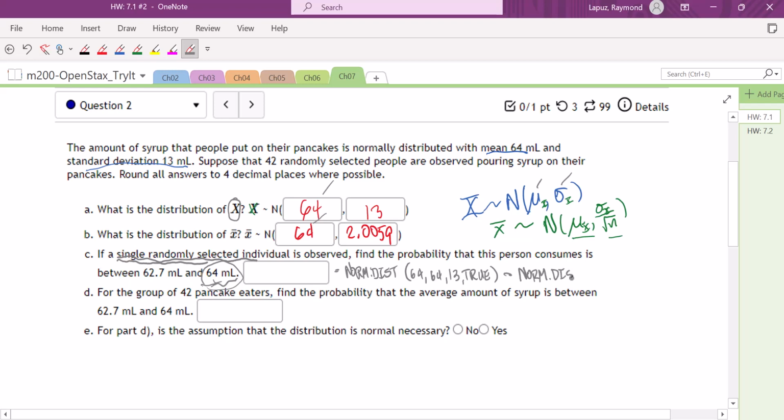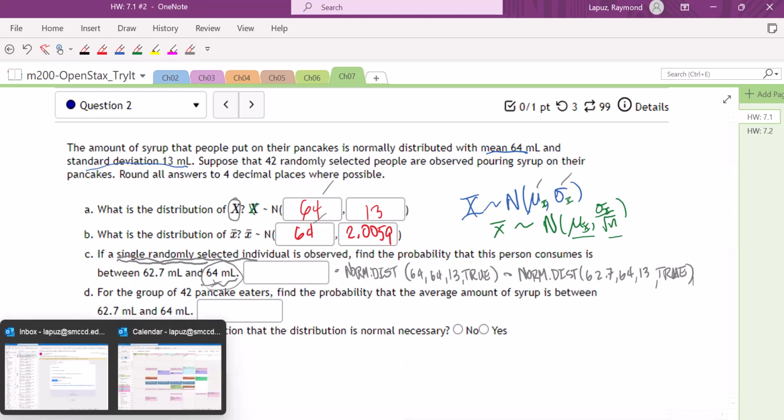So norm.dist, and then we enter 62.7, the same mean 64, the same standard deviation 13, and the same cumulative true. So that's going to be our input.